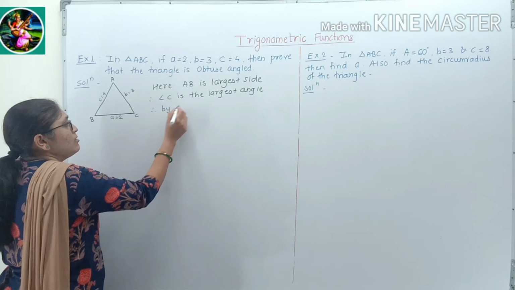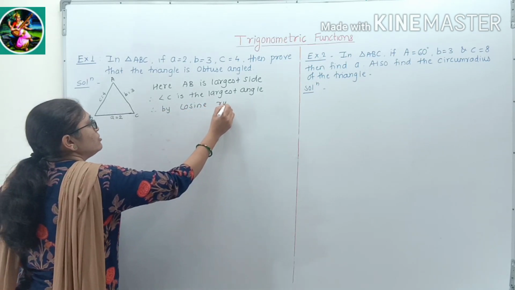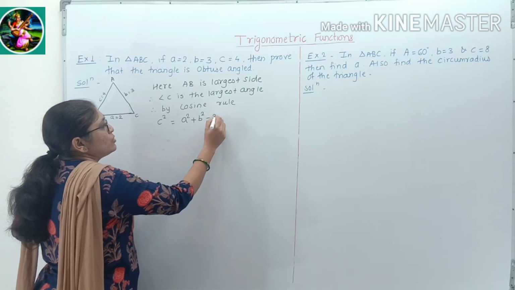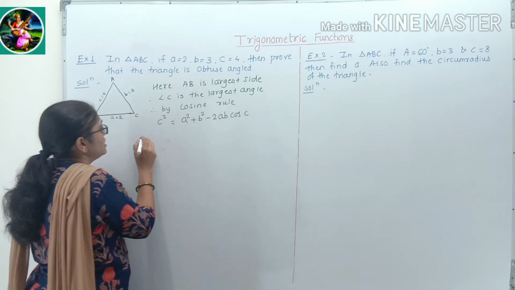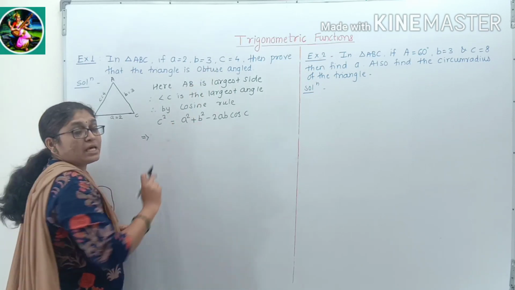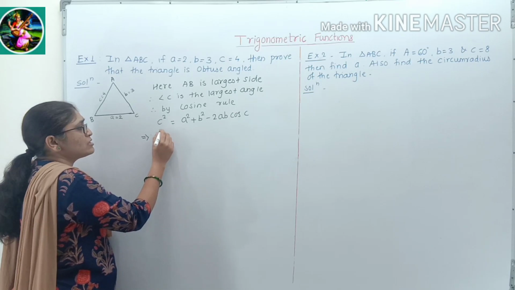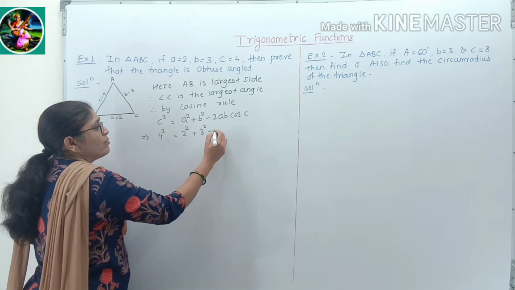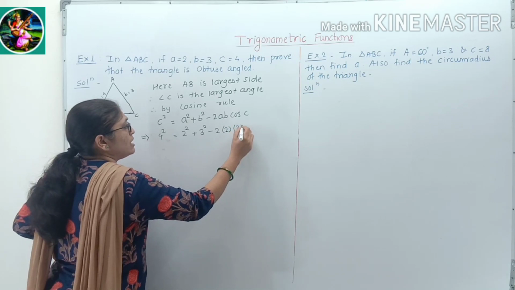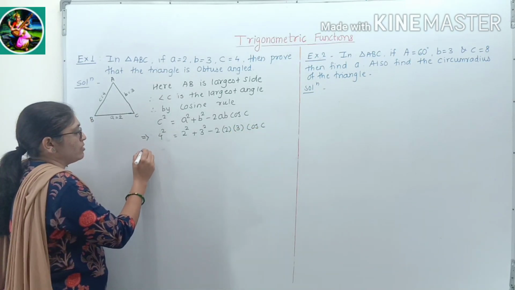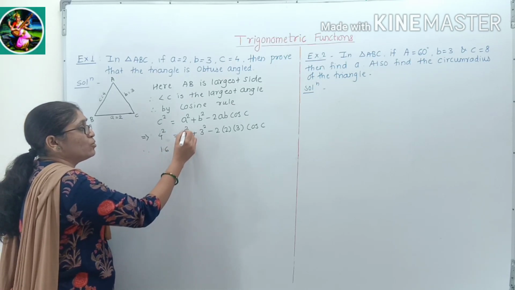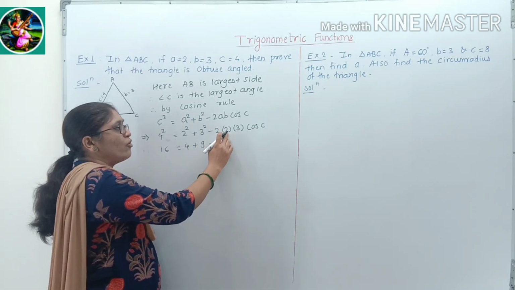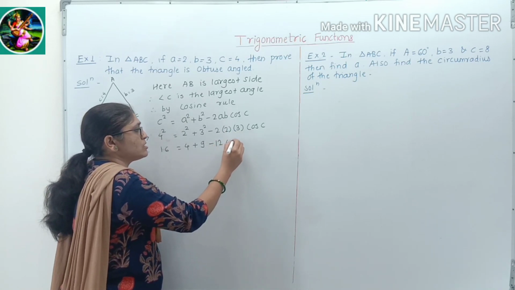Therefore, by the cosine rule, c² = a² + b² − 2ab cos C. Here we substitute: 4² = 2² + 3² − 2 into 2 into 3 into cos C. Therefore, 16 = 4 + 9 − 12 cos C.